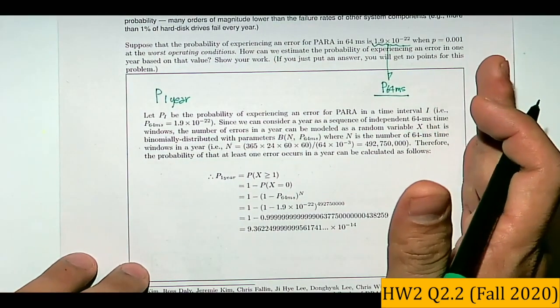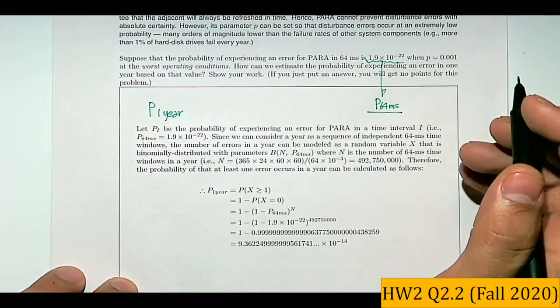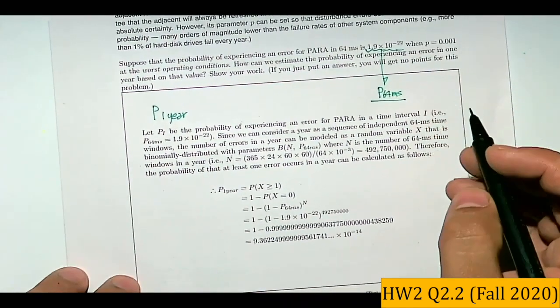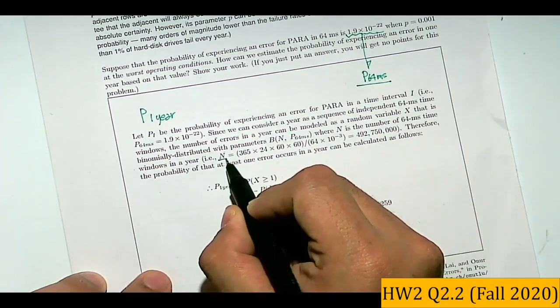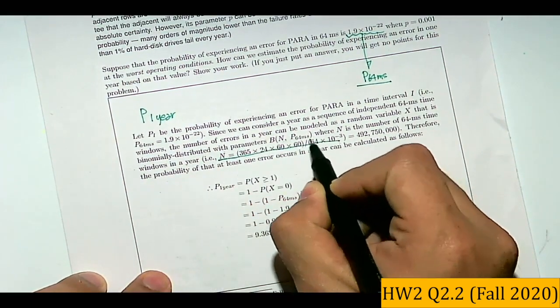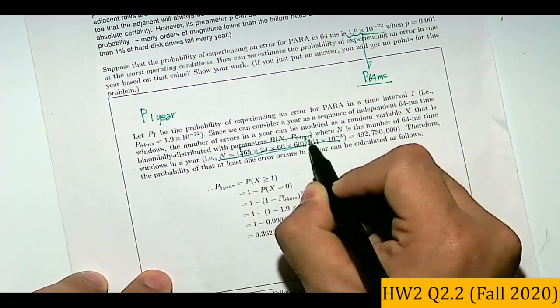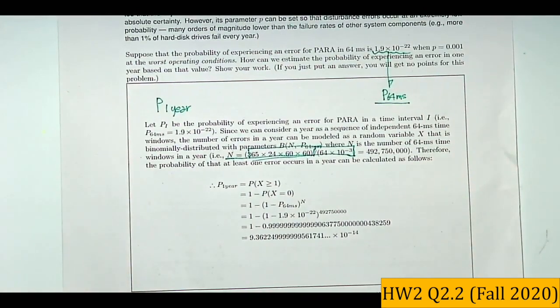Then we can consider a year as a sequence of independent 64 millisecond time intervals, and the number of 64 millisecond time intervals is, let's say, m.